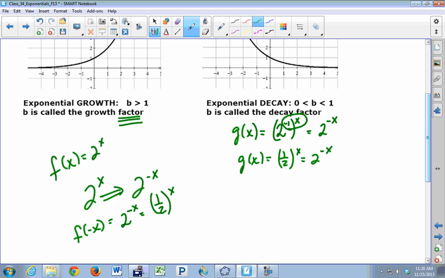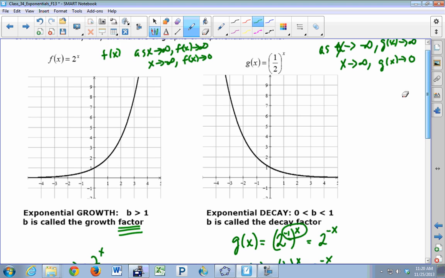So this says if I take my original function, f of x equals 2 to the x, and I put in negative x for my input, and I get 2 to the negative x, then I've reflected this over the y-axis. So g of x is the reflection of f of x over the y-axis, and vice versa. I can say that f of x is the reflection of g of x over the y-axis.